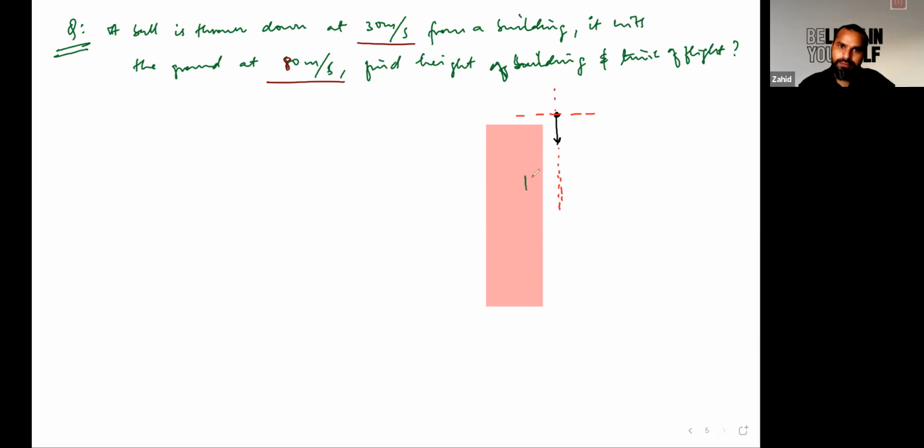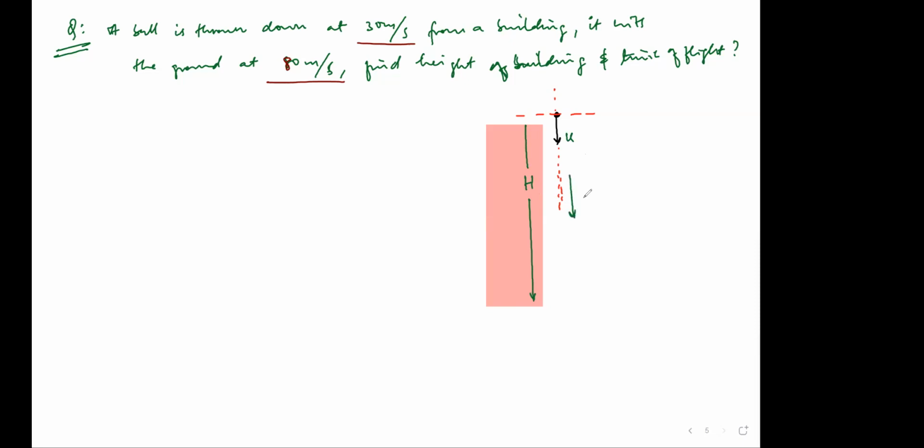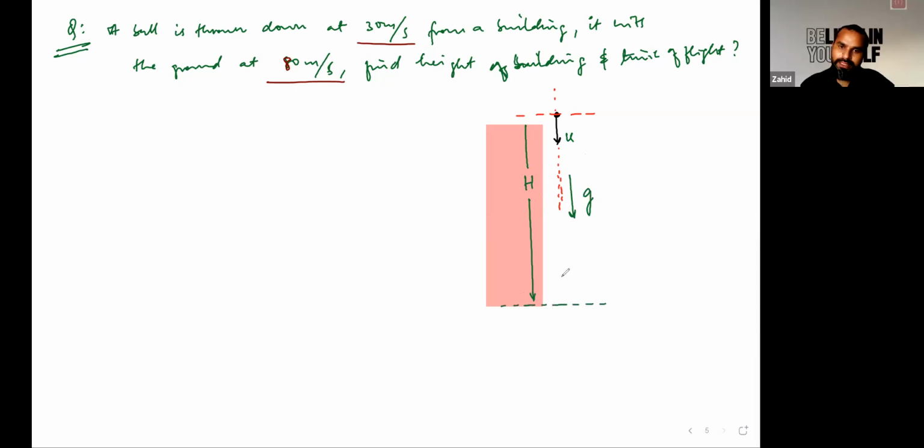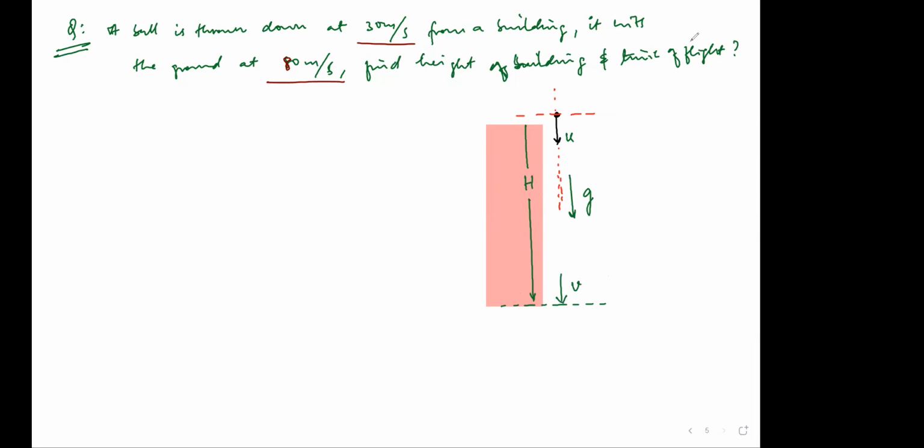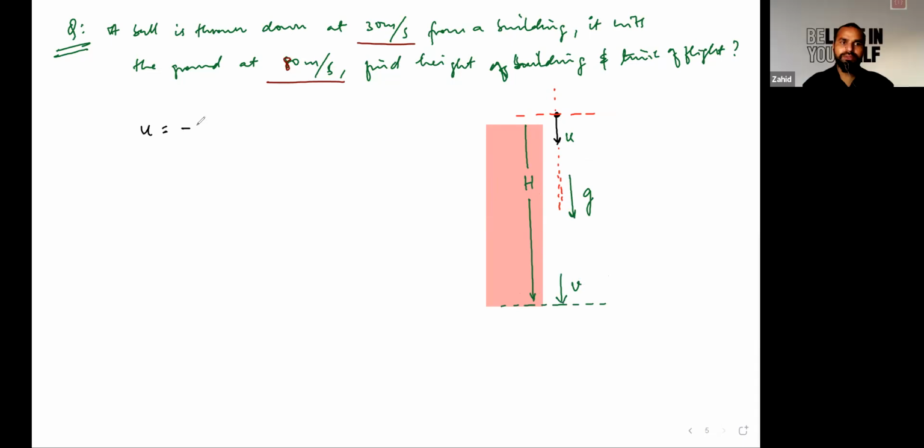In this particular situation, let the height of the building be downward from this origin. Initial velocity is also in downward direction, and acceleration due to gravity is also in downward direction. Final velocity on hitting the ground is also in downward direction. So all these quantities are in downward direction, so they will be negative. So we have u equals minus 30 meter per second, v equals minus 80 meter per second, acceleration is minus g, which is 10 meter per second square.